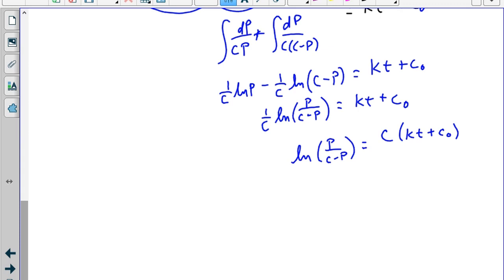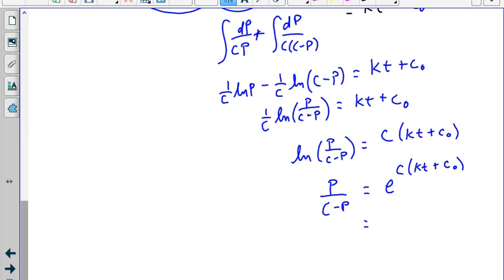Now I take e to both sides, so I have p over c minus p equals e to the carrying capacity times kt plus some constant over here. So now what I'm going to do is multiply both sides by c minus p.